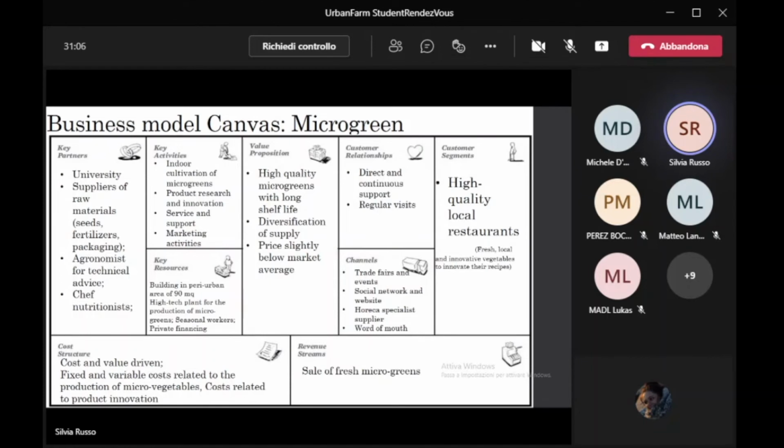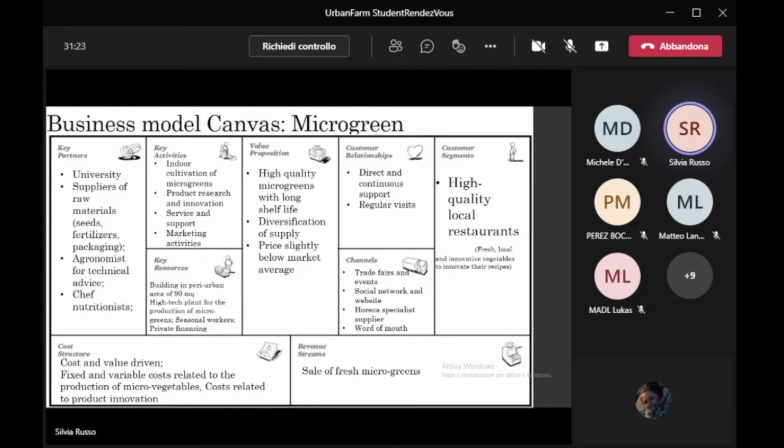These key resources are needed to carry out the key activities: the indoor cultivation of materials, product research and innovation, services and support, and marketing activities.